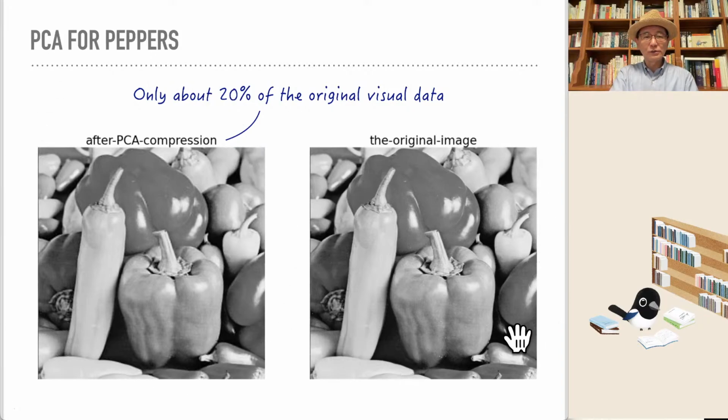This is the original image, and try to take a good look at these two pictures. You can barely see the difference, isn't it? So this is significant. That means that most natural images only contain very, very little precious visual information for your eyes.